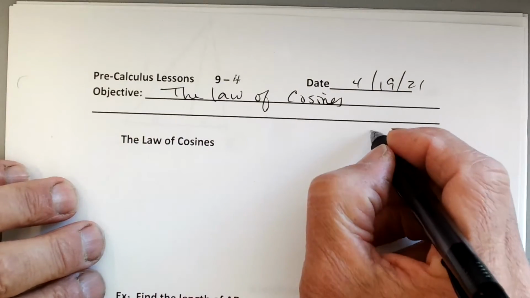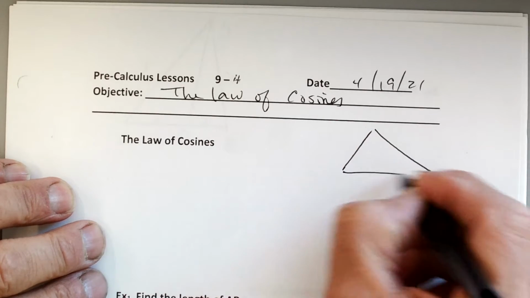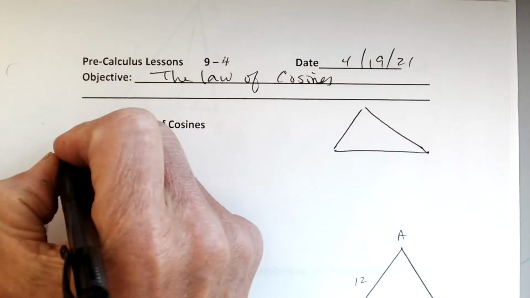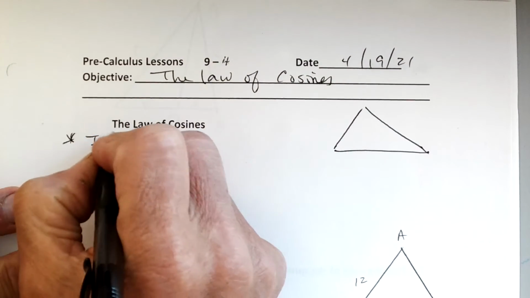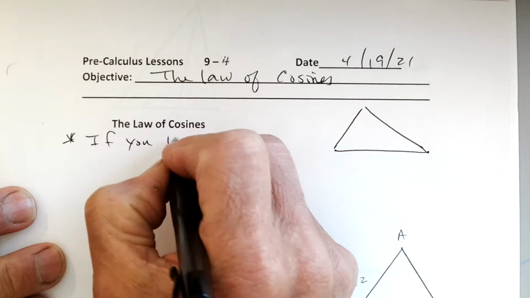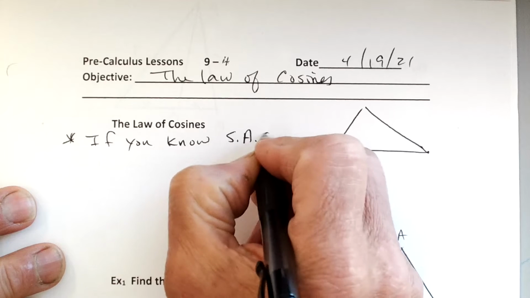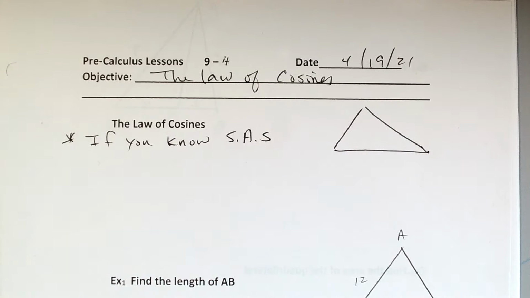Now before we start, let's just draw any old triangle. Don't draw a right triangle, just draw any old triangle. If you know side, angle, side, what does that mean?